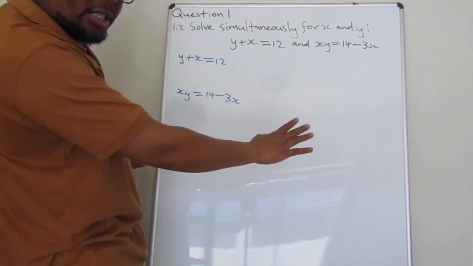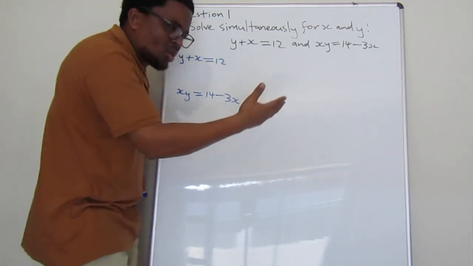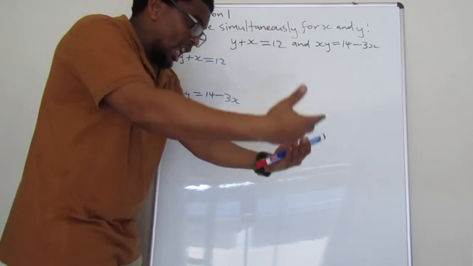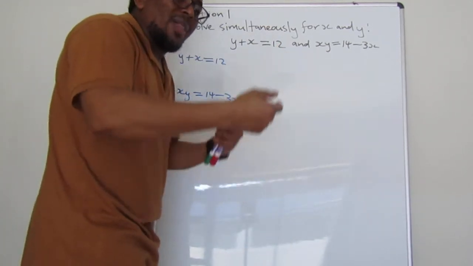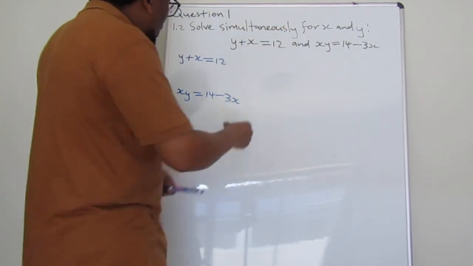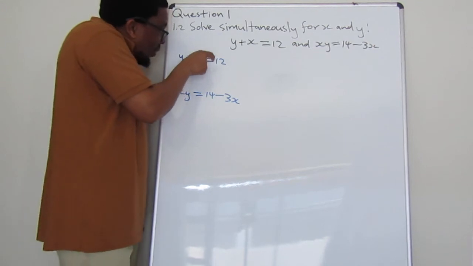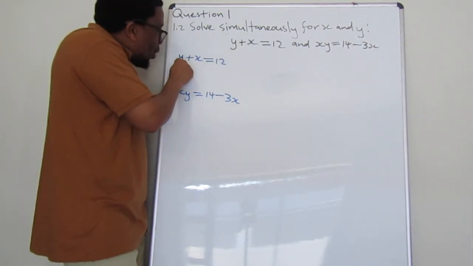I'm not going to choose that equation. Then I look at this other equation, y plus x is equal to 12. It looks like a reasonable equation that one can work with. That's the equation that I'm going to choose. Let's go.